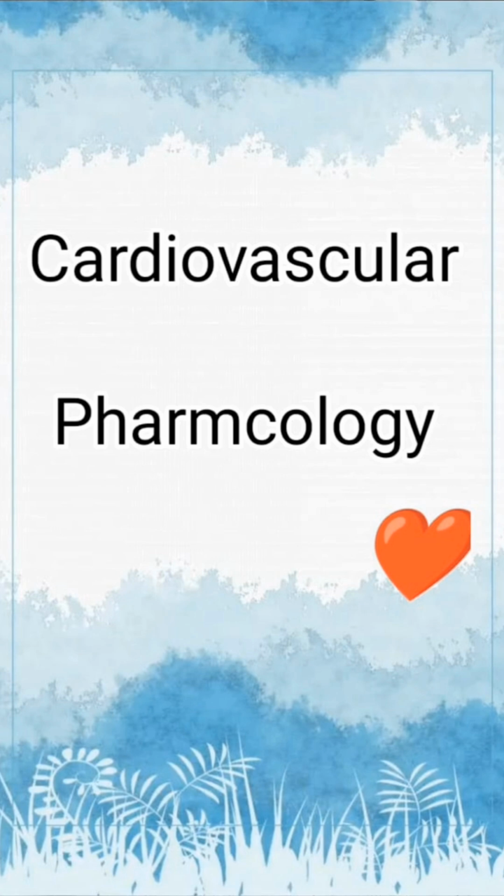So the physician always adjusts the dose of verapamil according to the patient's condition, age, atrial fibrillation or atrial flutter rate, heart rate, and other conditions particularly associated with that specific patient. After assessment, a physician prescribes the dose of these non-dihydropyridine calcium channel blockers, that is diltiazem and verapamil.